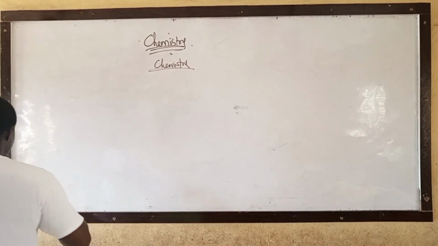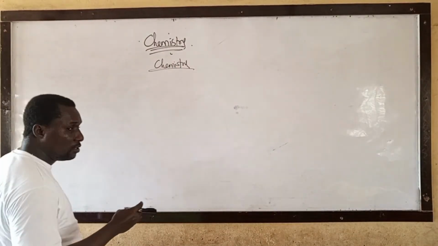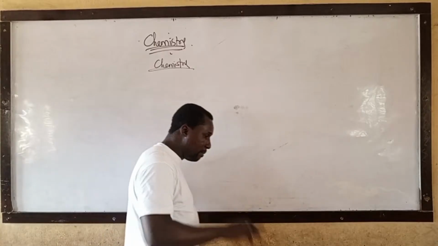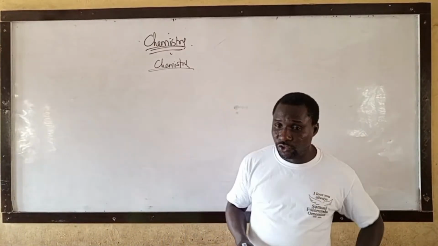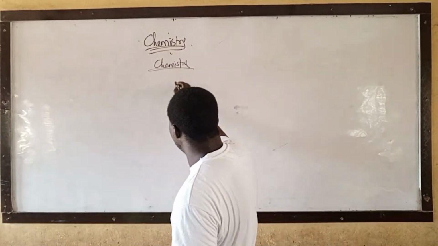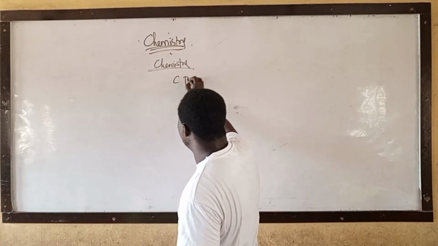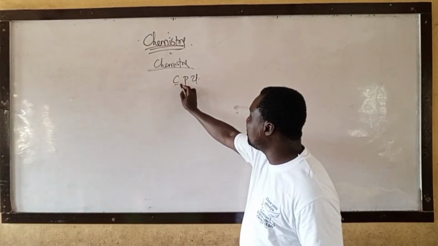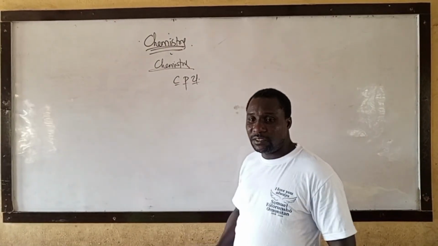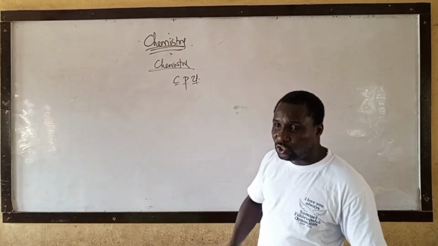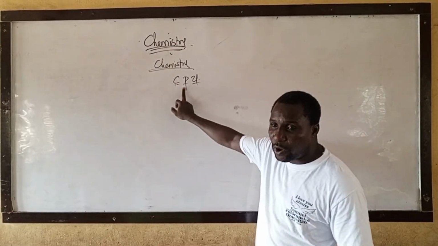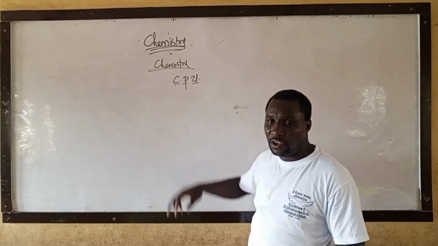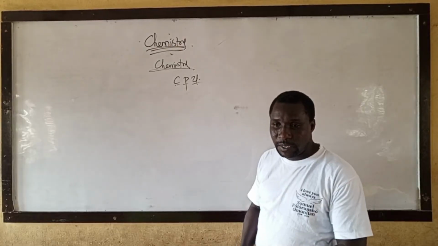Composition, properties, and what? Uses of matter. That is what chemistry is. Chemistry is the study of composition, properties, and uses of matter. That means I can simply say CPU. The study of composition, properties, and uses of matter.